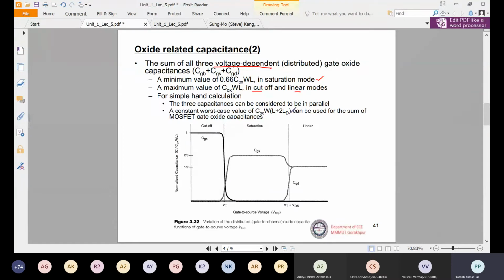This is how we can plot different capacitances over the gate to source voltage. We plot the gate to source voltage with respect to normalized capacitance. Normalized capacitance means whatever capacitance is given, we divide it by COX WL.